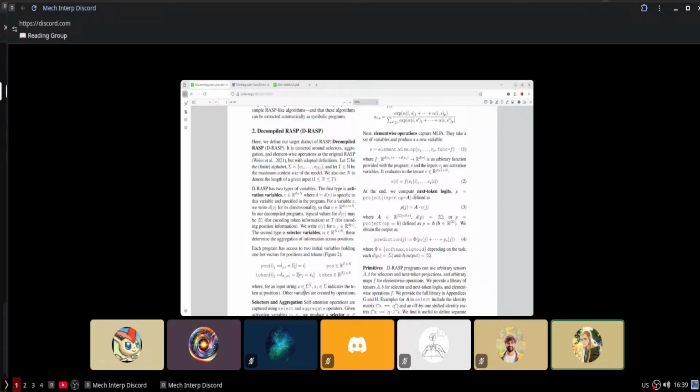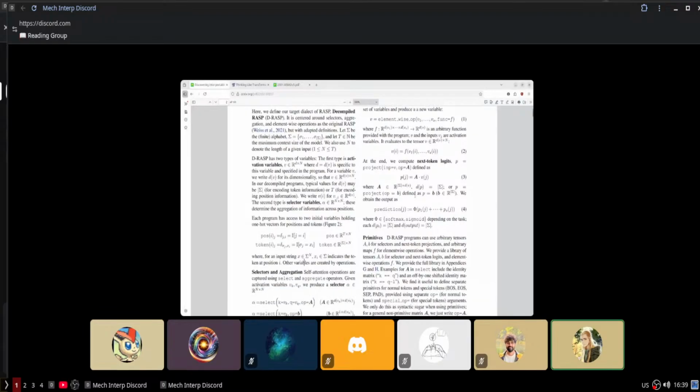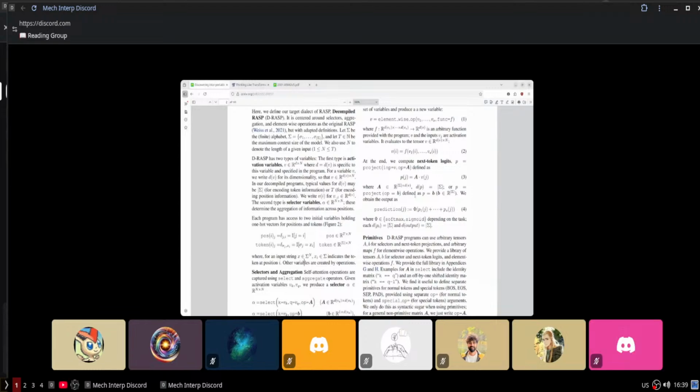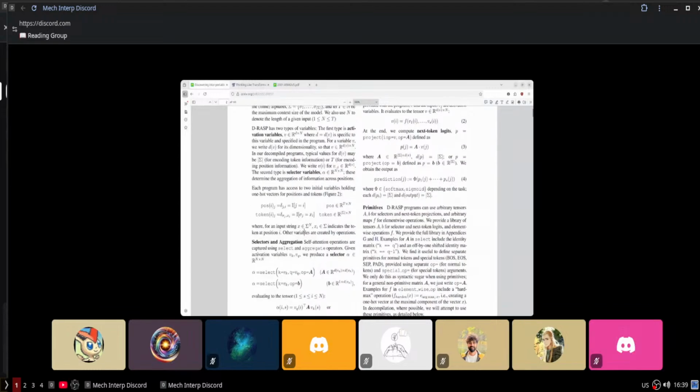Right. So I guess the embedding is just a one-hot embedding, right? You take the vocabulary size, and then for each token you put a 1.